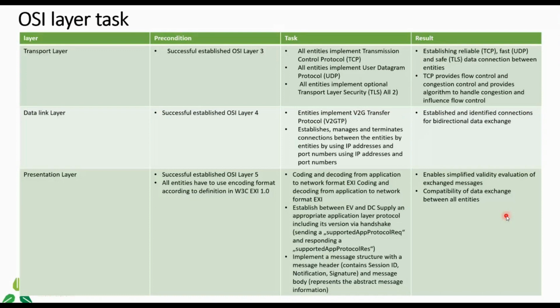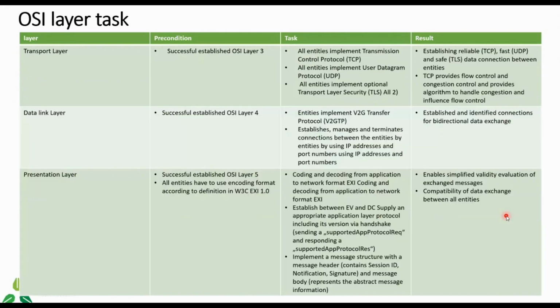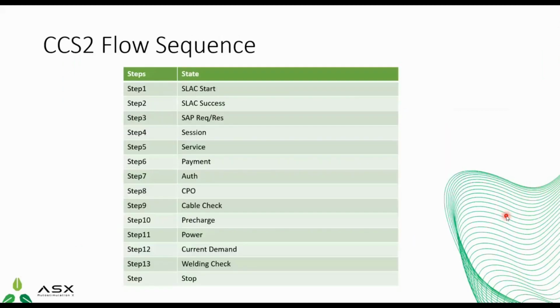The presentation layer will also send the data of the DC supply, how much DC supply is required, and the other items established in the charging process. As you see, the SLAC request is part of the data link layer, then pre-charge is part of the last layer. So this is the simple representation of this CCS2 flow sequence.